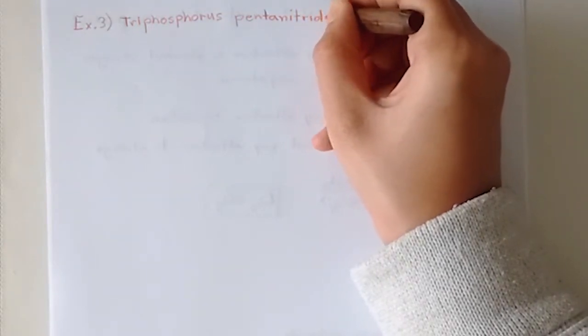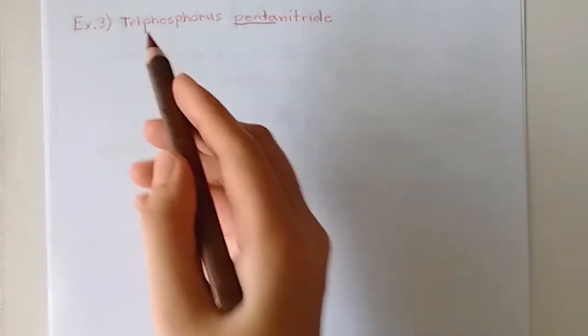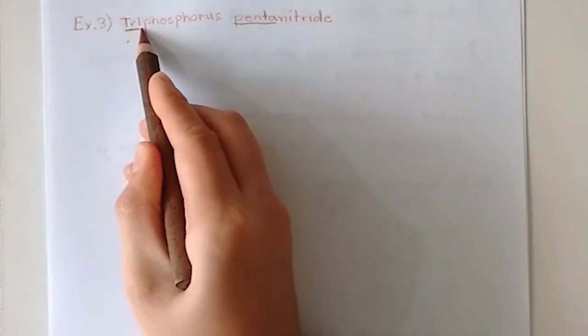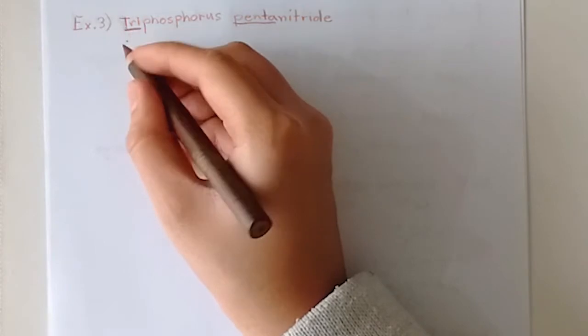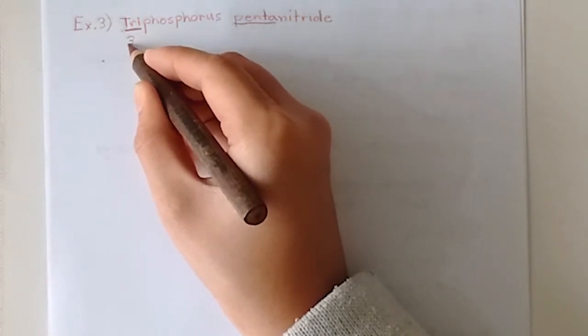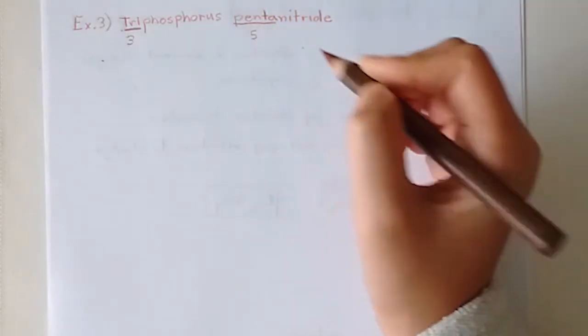Now covalent compounds, remember, you have to pay attention to the prefixes. So the prefixes here are penta and tri. Now we know that tri here indicates 3 and penta indicates 5. So just for reference, I'll put them here, the prefixes.